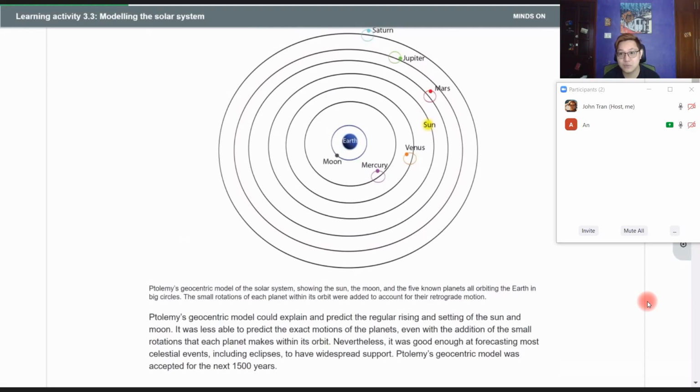And as a result, Galileo was burned alive. Whoa. He was burned alive because he was following that heliocentric model. But that was maybe 400 years ago, when humans were still not so smart.